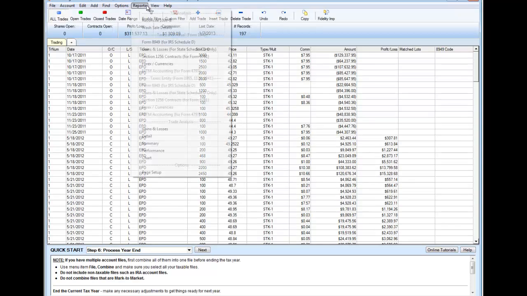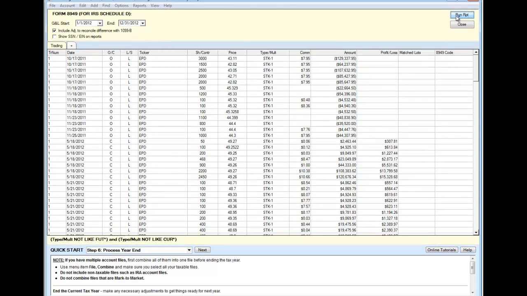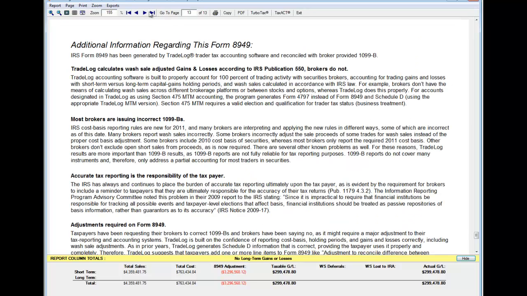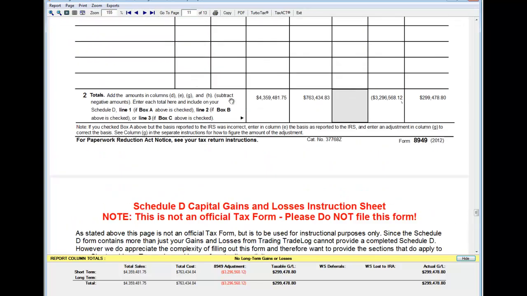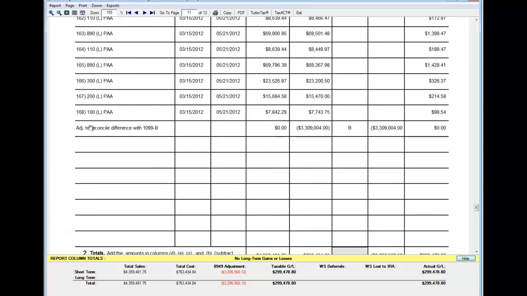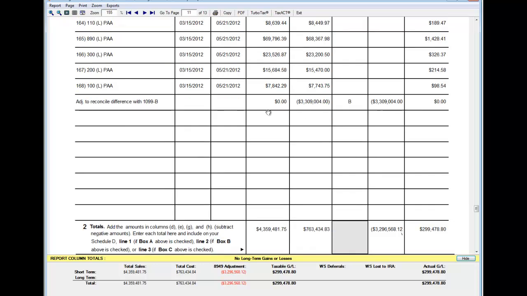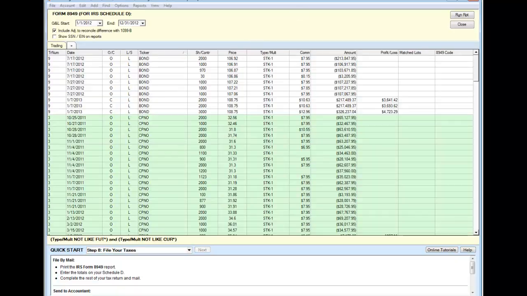But when I run my 8949, you're going to notice that I have a sizable difference at the end of the 8949. Here on the last page of section A, adjustment to reconcile, I have like a $3 million adjustment to cost basis. So don't just take that and say, okay, well, that sounds good and send it off. If there's a large difference, why is there that difference? Let's go back to the 1099 and let's actually see what this broker reported.